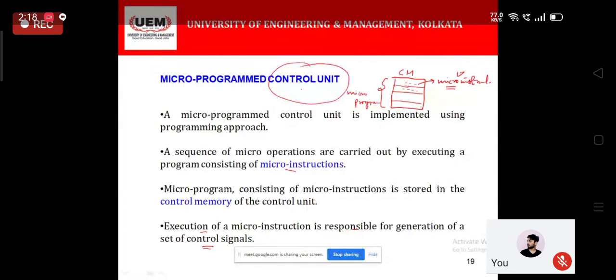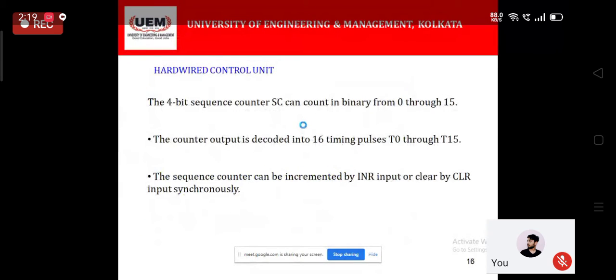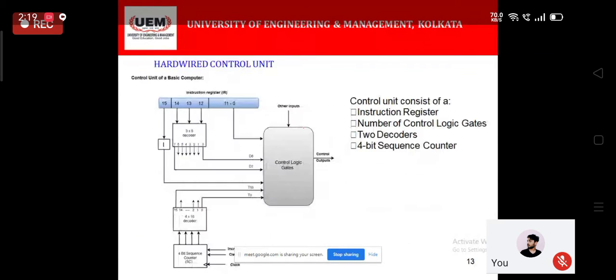Control unit definitely is going to generate certain control signals. There is no hardware actually generating the control signal, which we have seen in previous slides. If you remember the slide of the previous day, what was the circuit I told you? This was the circuit having two decoders and one logic gate circuit, that generated the control signals. The output was based on this hardware circuit.